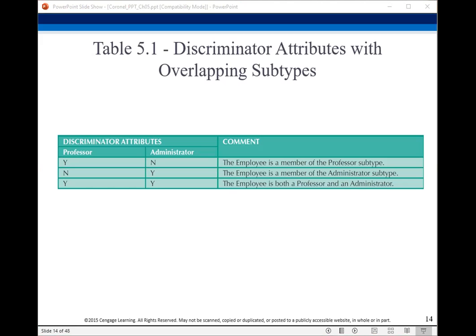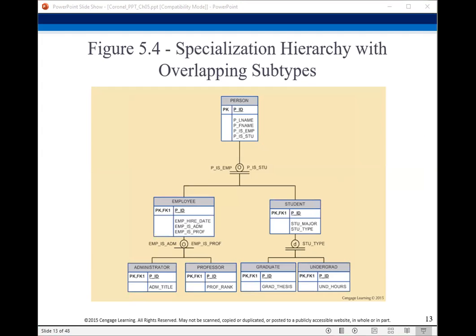Overlapping subtypes are subtypes that contain non-unique subsets of the supertype entity set. That is, each entity instance of the supertype may appear in more than one subtype. So again, let's go back and look here. In a university environment, a person may be either an employee or a student or both, as we see here.